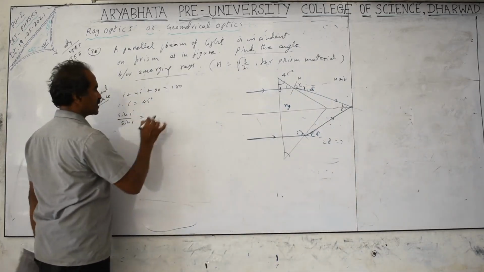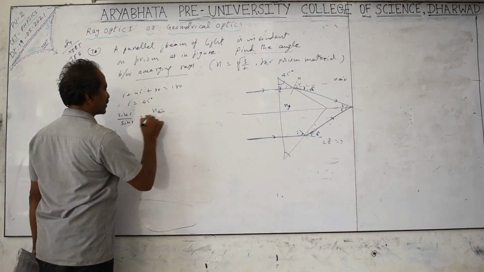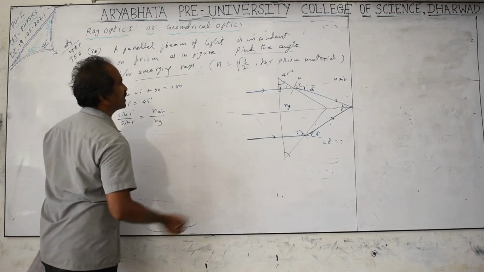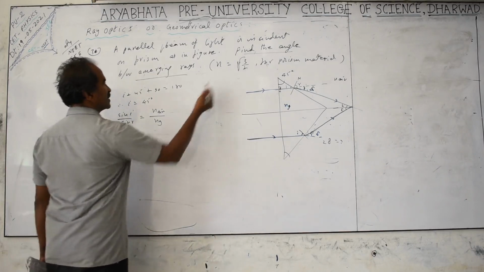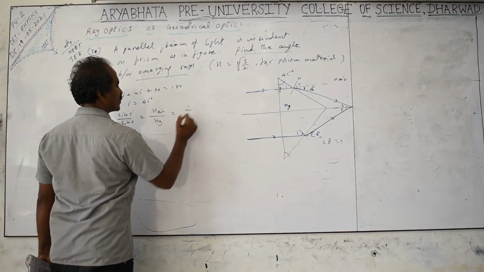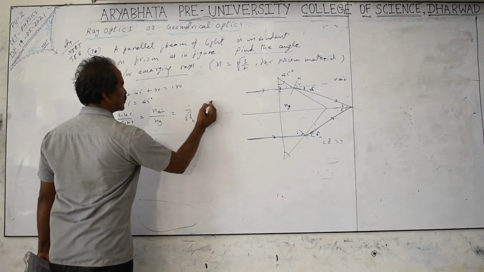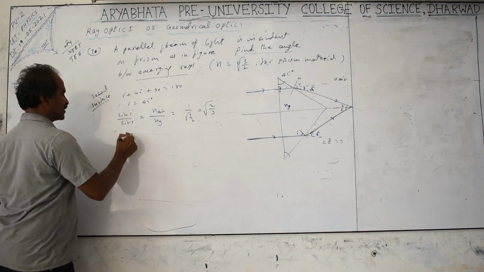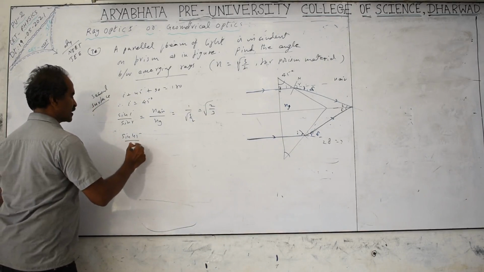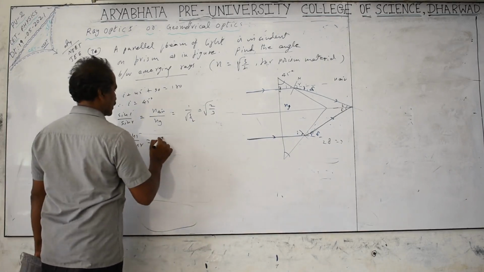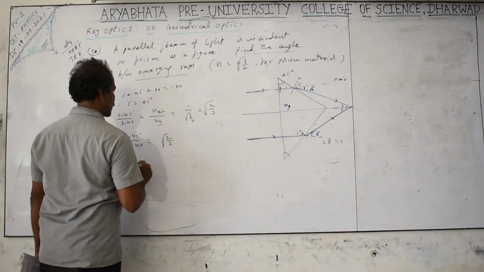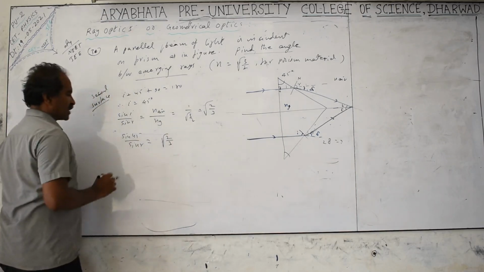You have to be careful with this step. N air by N medium, or N glass if it is made of glass. If not mentioned specifically, we are taking it as some denser medium, as glass. So it is equal to 1 by root 3 by 2, which is root of 2 by 3. I is equal to 45 degrees. That means sin 45 by sin R is equal to root of 2 by 3. But sin 45 is 1 by root 2.